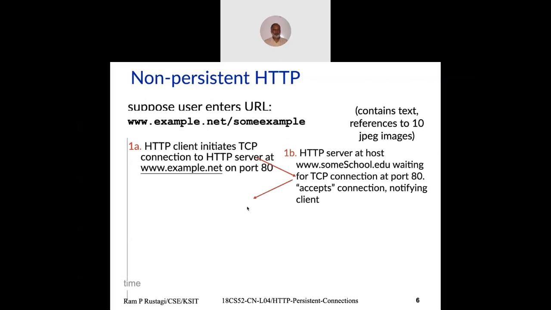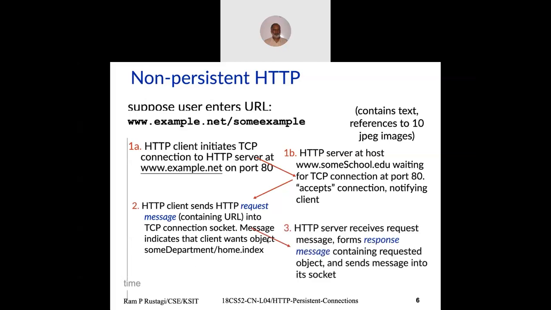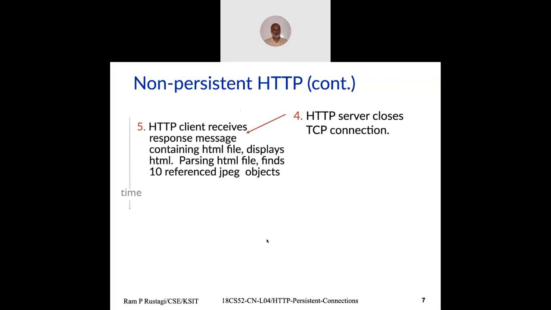But for the moment, assume the TCP connection is set up and established, and only then does the browser make the actual URL request, saying GET URL so and so with different headers, and the web server gets that request. It serves that request. It looks at the request, what is needed, which is the web page, serves that web page, and then it closes the connection. That is what non-persistent would be. And when the browser gets the content, it displays or renders the content, and then the connection is closed.